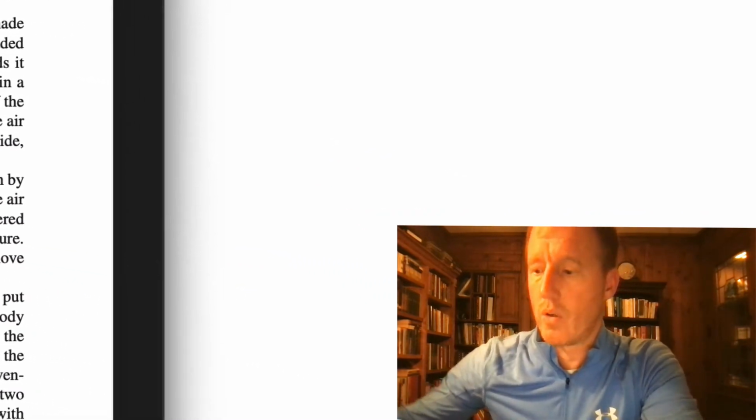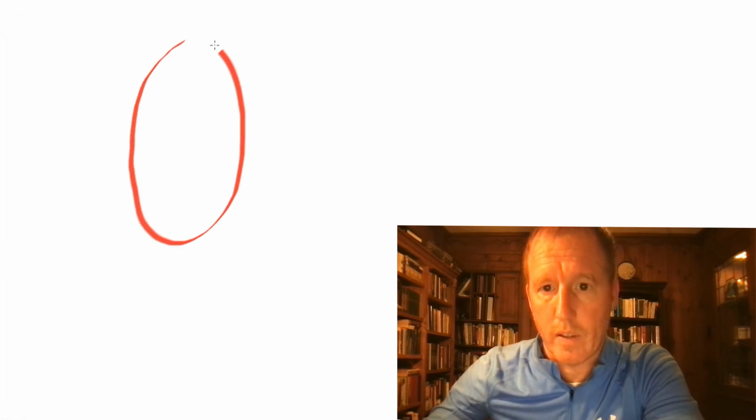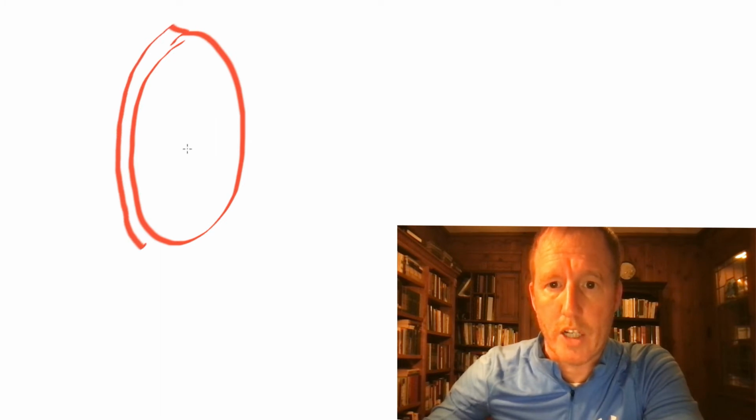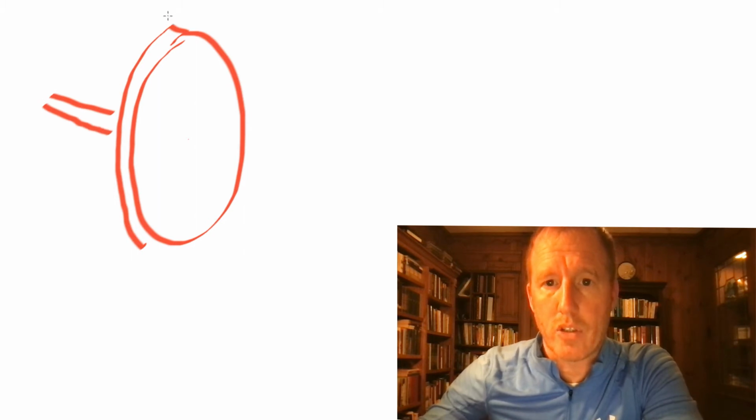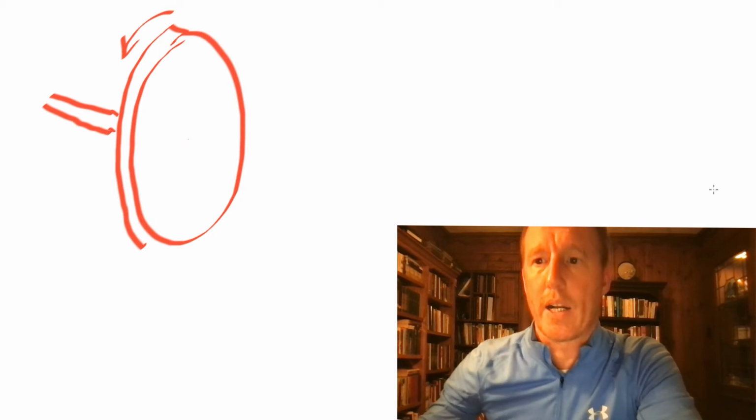Okay, so think about it this way. Suppose that you have a disk like this, and you put it on a shaft, and you begin spinning it. You can either vibrate this back and forth or spin it at some high speed.